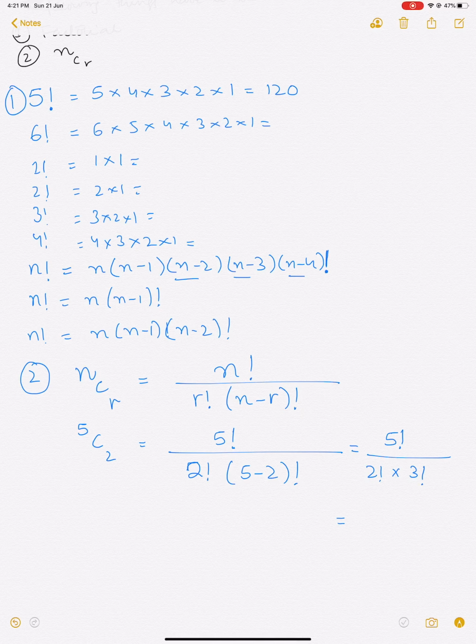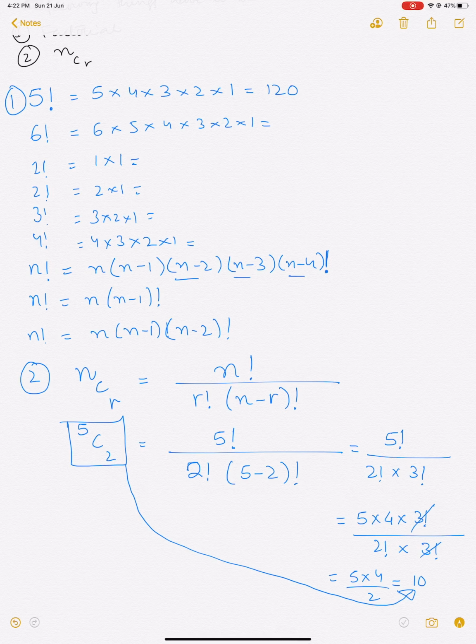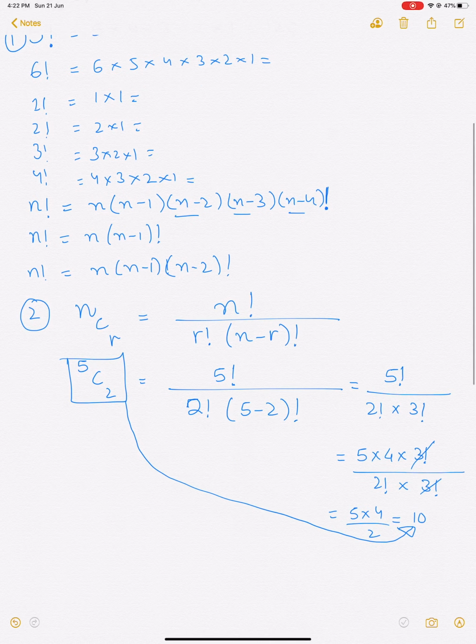To calculate further, it is 5 multiplied by 4 multiplied by 3 factorial, since I do not want to continue all the numbers in this expansion, over 2 factorial into 3 factorial. I can cancel the 3 factorials, and then 5 into 4 over 2, and 10 will be our answer. You can also get this answer directly with the help of a calculator.